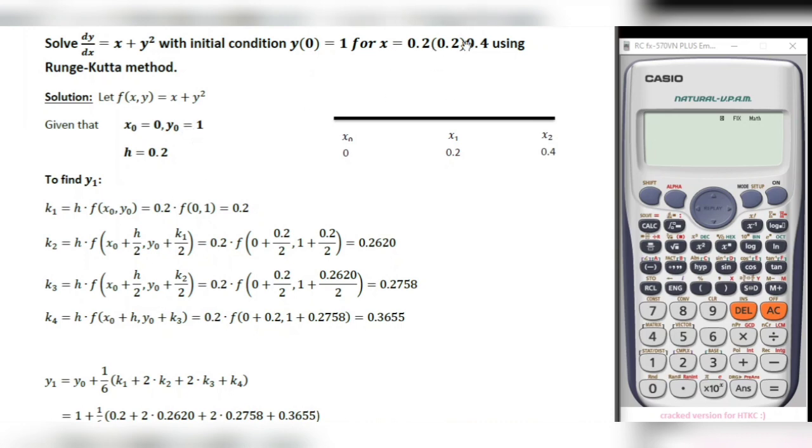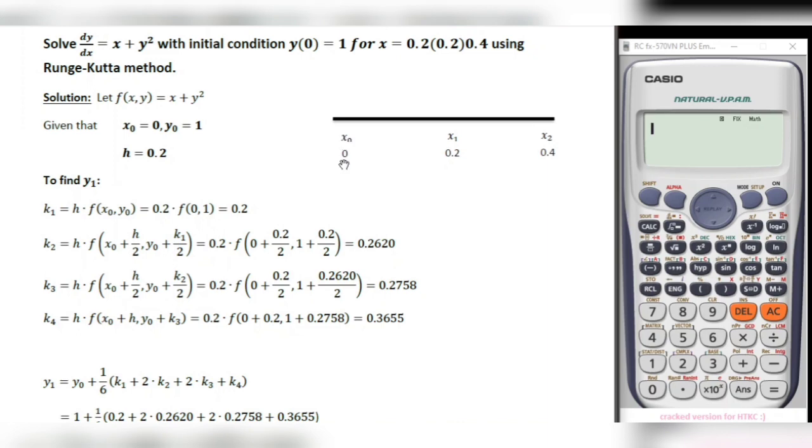Also given that we have to solve this problem in the steps of 0.2, I am taking h is equal to 0.2, x naught is 0, x1 is x naught plus h, that is 0 plus 0.2, that is 0.2, x2 is x1 plus h, 0.2 plus 0.2 is equal to 0.4. The value of y at x1 is y1, the value of y at x2 is y2.